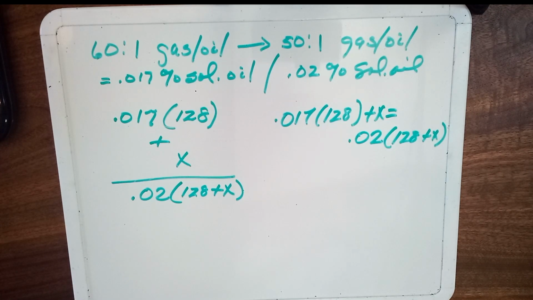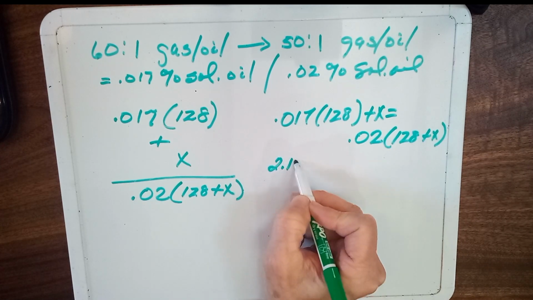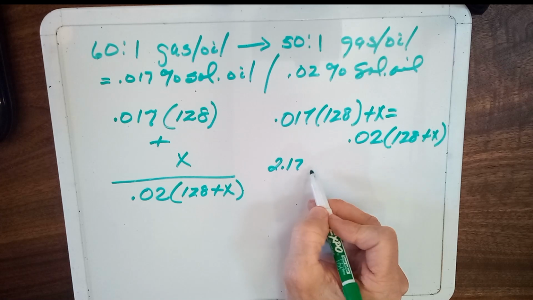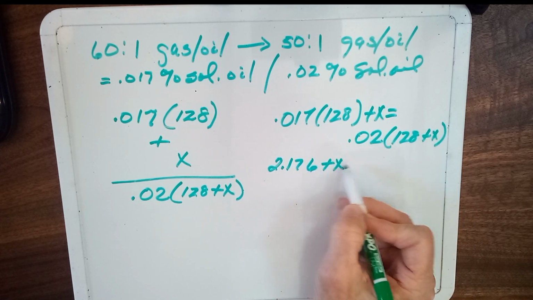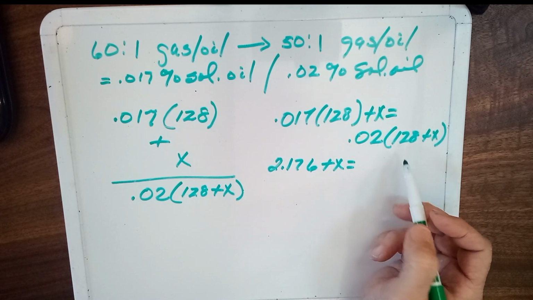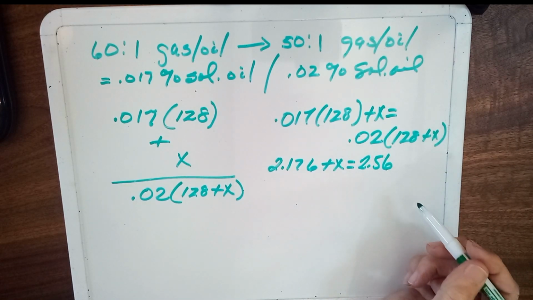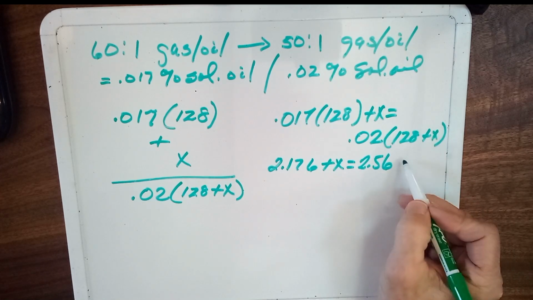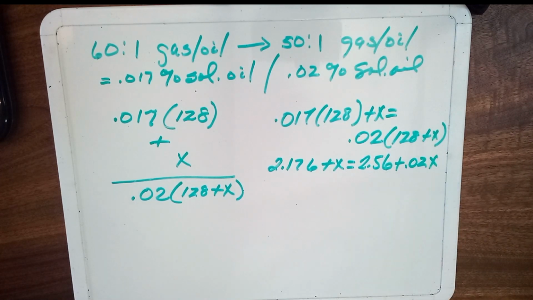So in this case, 0.017 times 128, you can do it on your calculator, but here's the answer, 2.176. 1 times X is going to be X, plus X. When I multiply 0.02 times 128, I get 2.56. And 0.02 times X would, of course, be 0.02X. There is my equation.